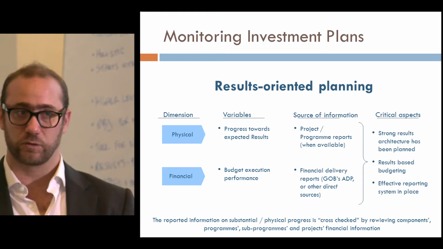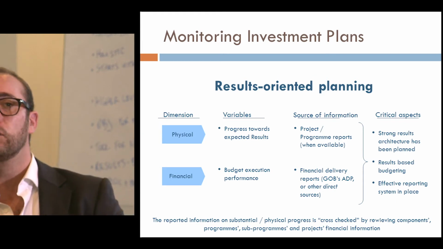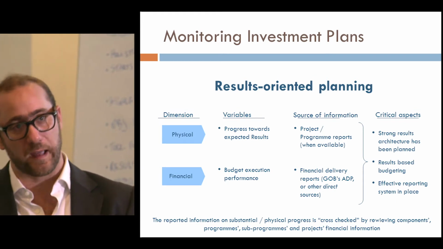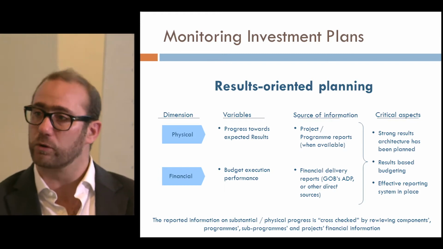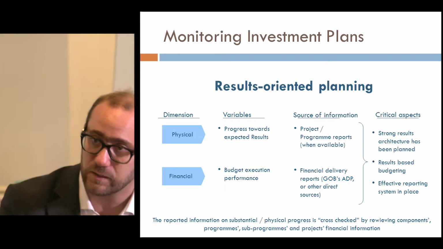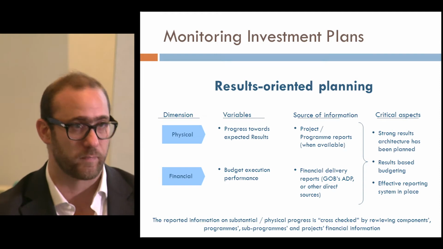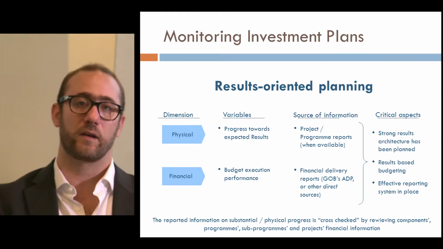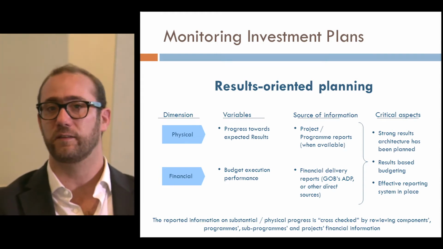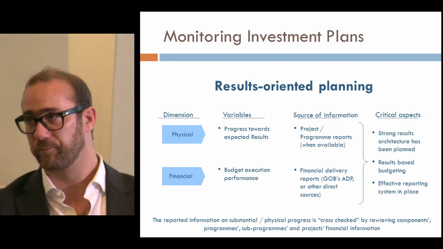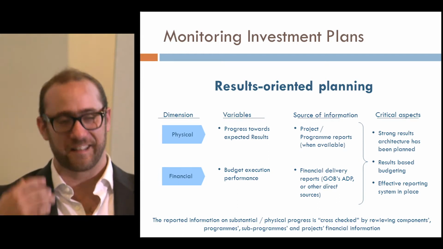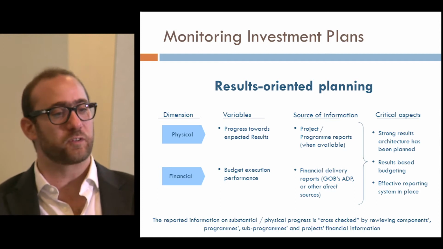What I want to stress with this slide is that looking at the two dimensions gives us extremely valuable opportunities to redress the strategy of intervention. Because if we have savings on one side, we can reallocate them to another area that is perhaps lagging behind. In this sense, let's remember something else.